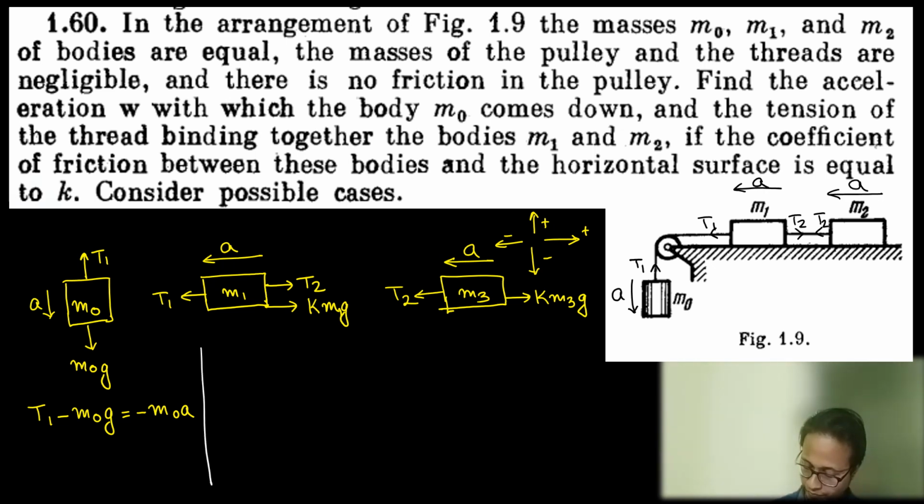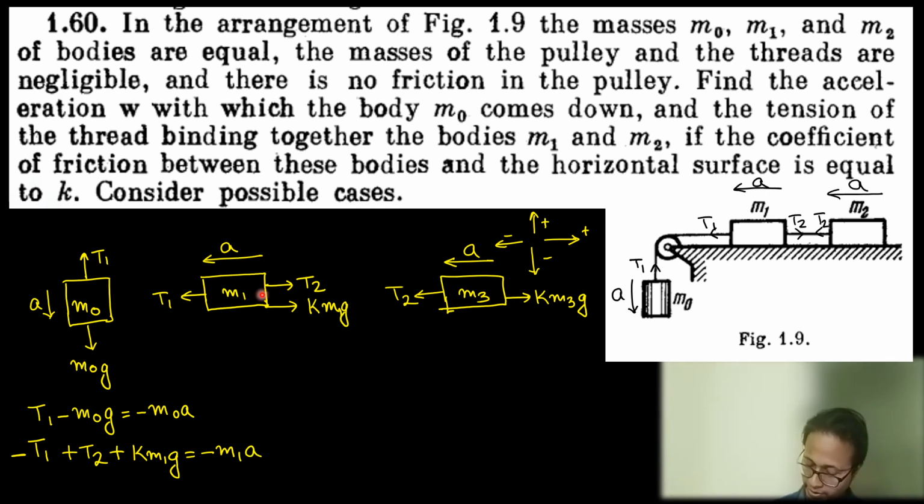For this body, what is the equation? Let's write the equations on top of each other, it will be much nicer. Minus T1 plus T2 plus k m1 g is equal to minus m1 a.